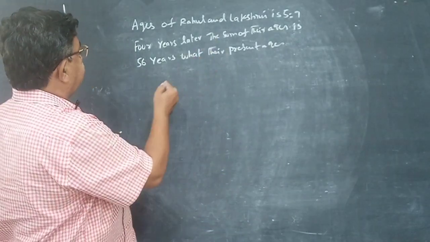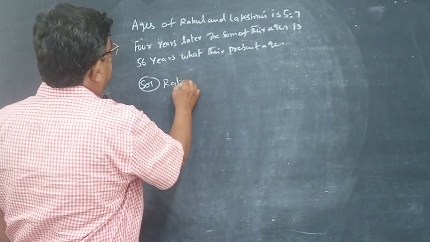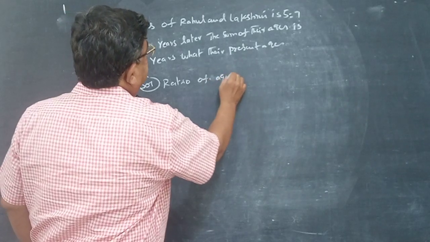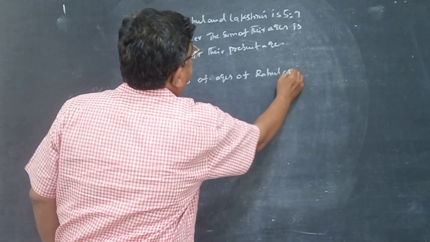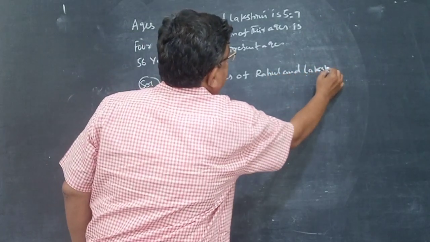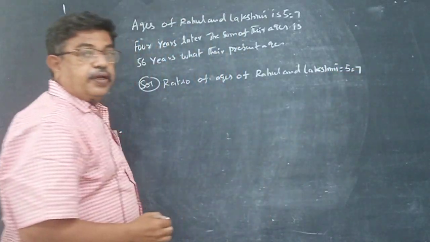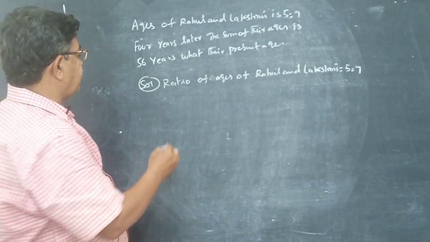I am taking the ratio of ages of Rahul and Lakshmi equal to 5:7.